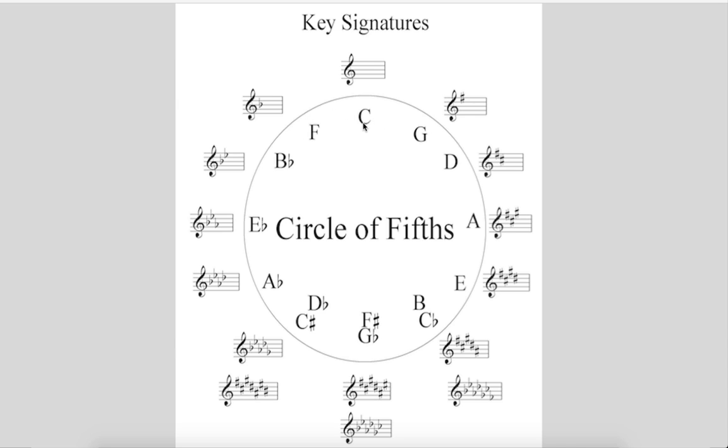C up a fourth is going to be F. Up a fourth is going to be B flat. Up a fourth is going to be E flat. That'll work all the way around. So it's a circle of fourths if you go to the left around it, and a circle of fifths if you go to the right.